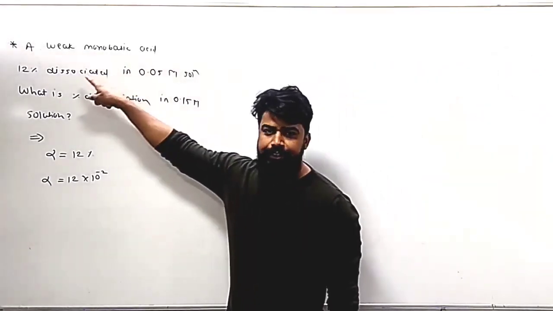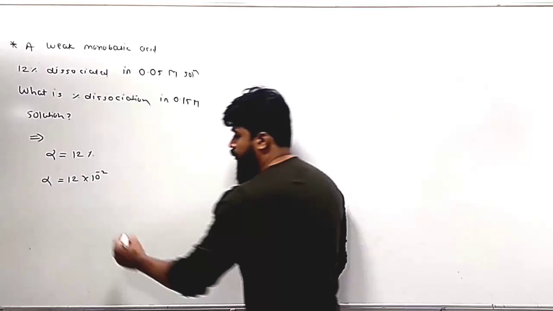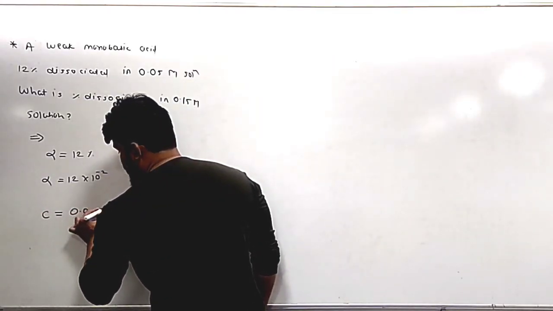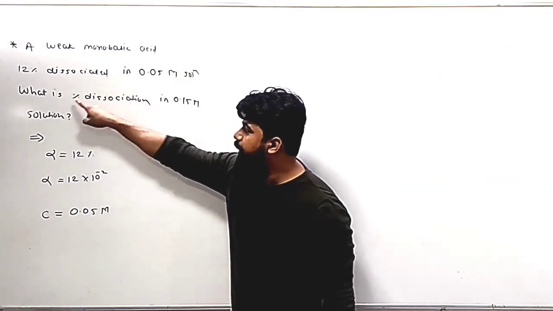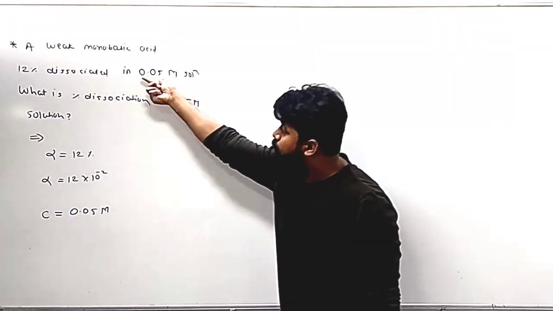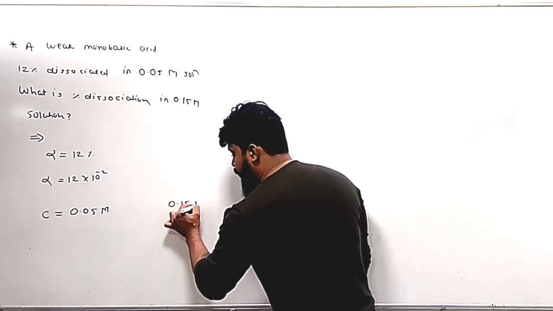This is the degree of dissociation expressed when the concentration of the solution is 0.05 molar. So the concentration which we have is equal to 0.05 molar. But the point is, what is the degree of dissociation, that is percent dissociation, when the concentration changes from 0.05 to 0.15. So the new concentration which we have is 0.15 molar.